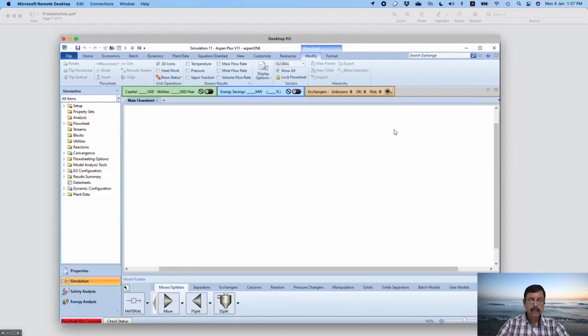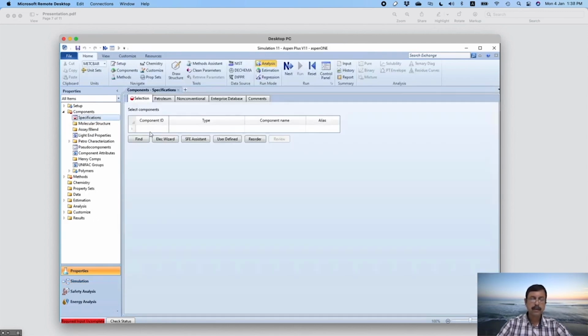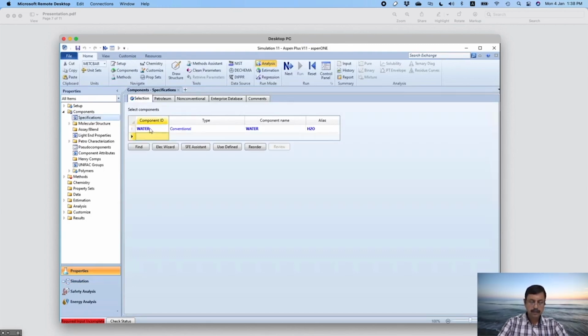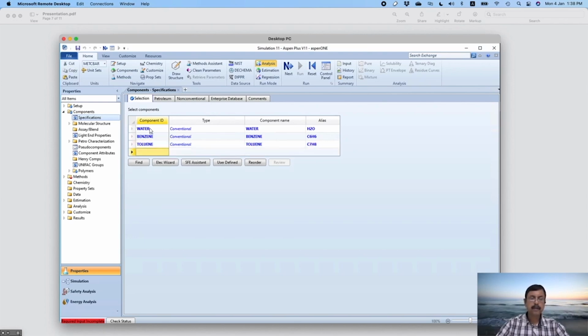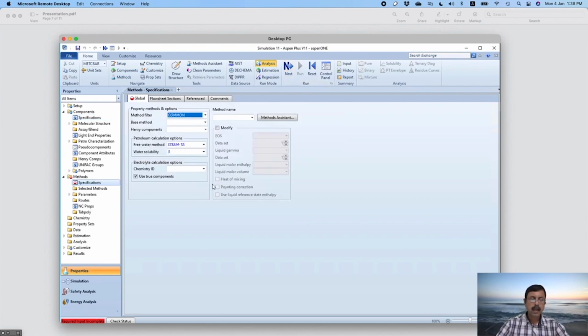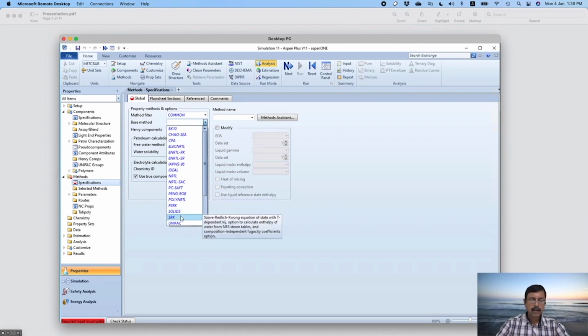So this is a fresh simulation. First we have to go to the properties and fix up our components. So our components are water, benzene, and toluene. Press next. Let us use the Redlich-Kwong-Soave model.